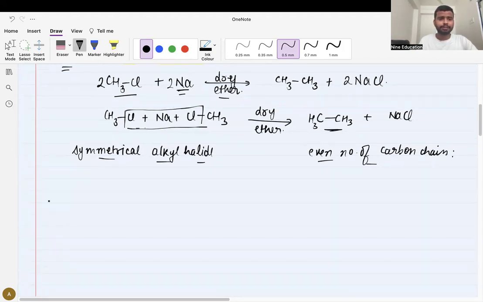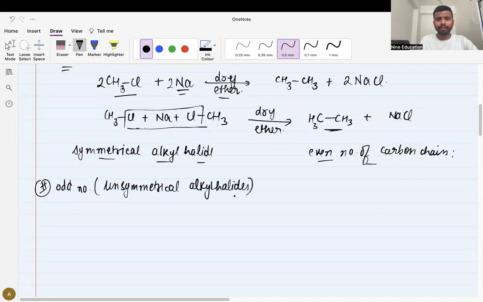देखें, let's say I have odd number, or you can say unsymmetrical alkyl halide. If I have unsymmetrical alkyl halides, let's say I have CH3Cl plus C2H5Cl.